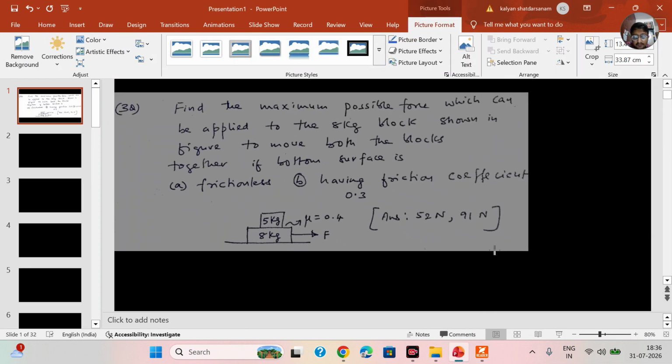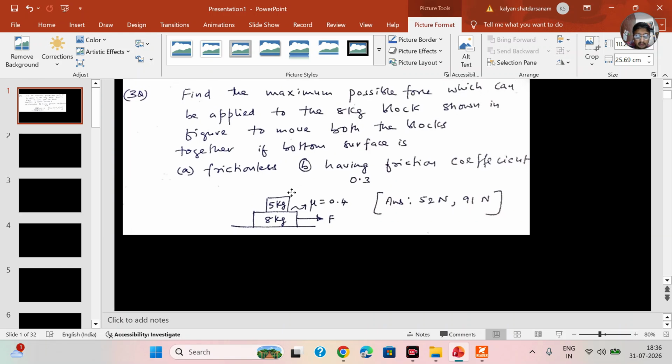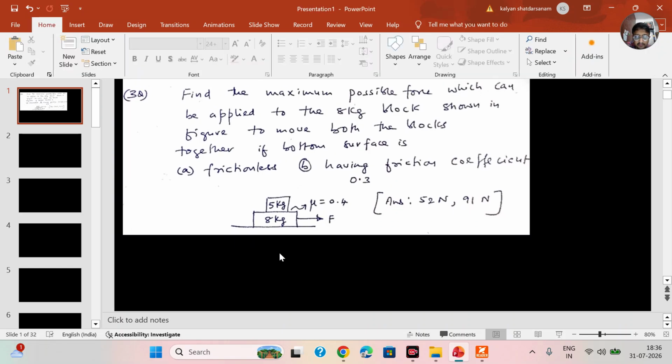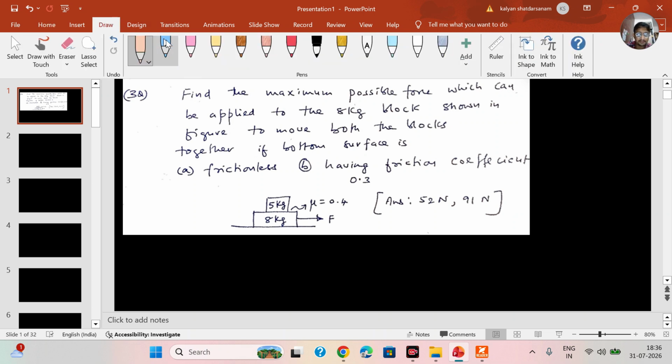So questions of these type where they are not giving the value of the force and they are asking you what will be the force where both blocks move together, or what will be the force where they slip, things like this. These are a bit complex questions.